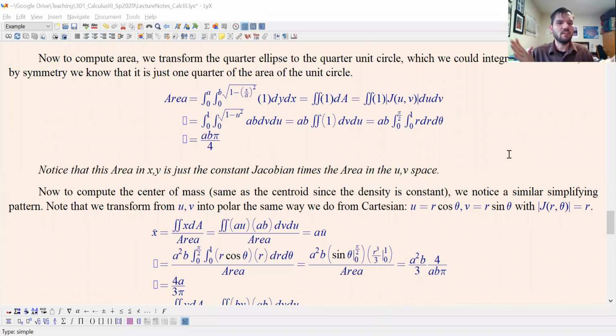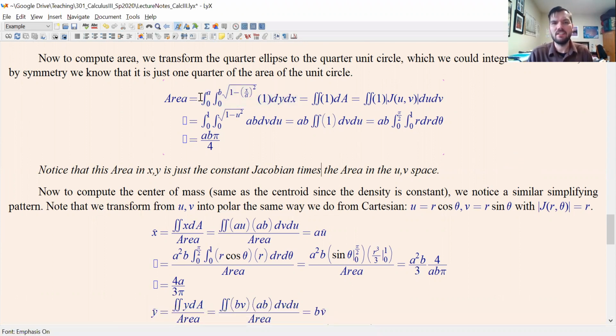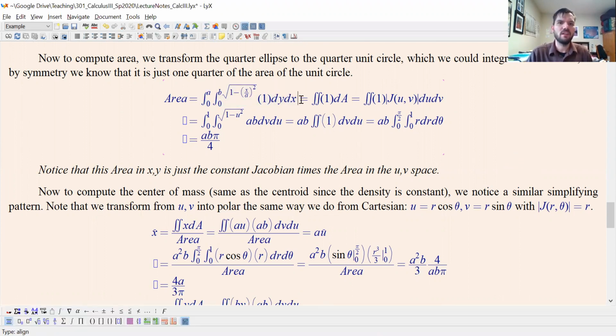So now that we have the idea figured out, let's look at computing the area. We start out with this nasty form. I wrote it out just for fun. It's not pretty, right? That is the integral form for our piece of the ellipse. You may say, it's not that bad. Yeah, it is actually.